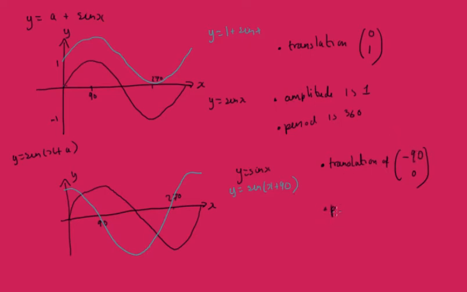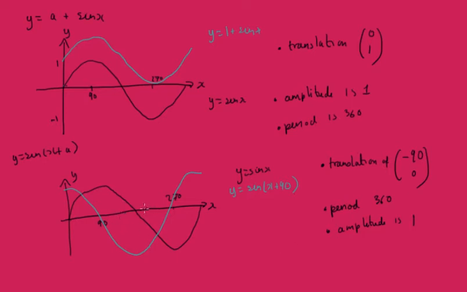Again, the period is still 360 and our amplitude is 1.